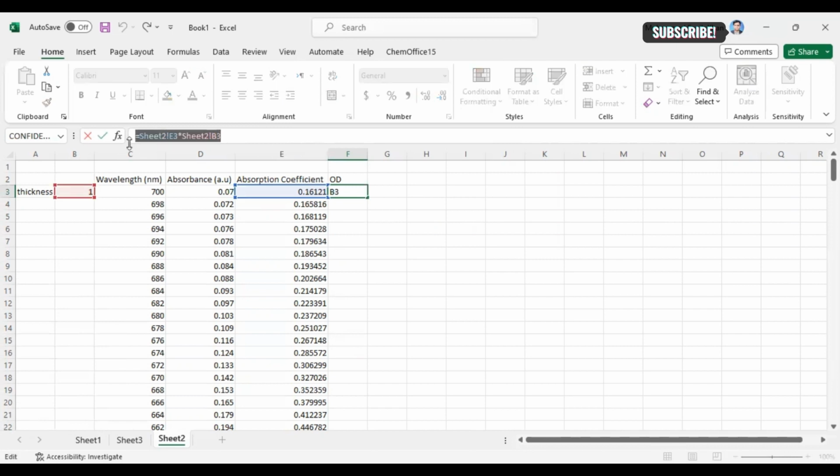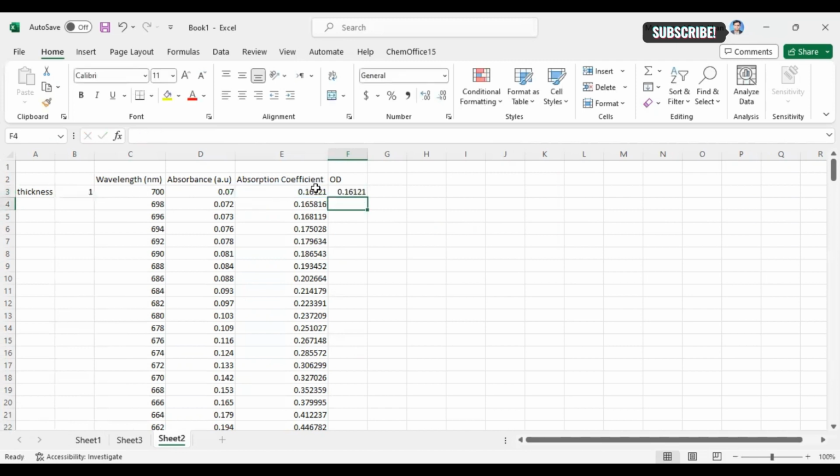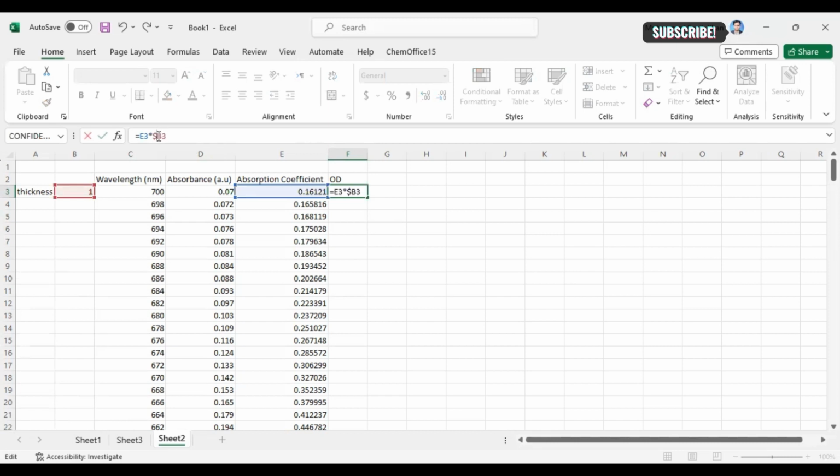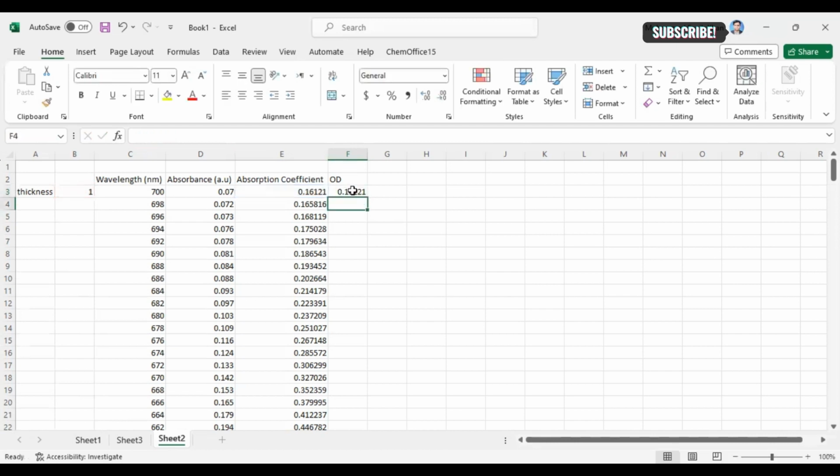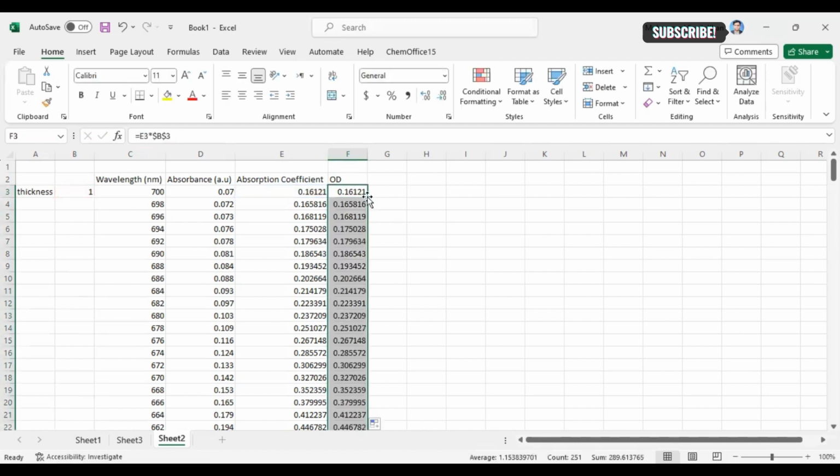We write it again is equal to this multiplied by thickness. Okay, and double click this. Sorry, this thickness. This thickness will be locked. Just putting the dollar sign before and after the column, it will lock that column. And this is the optical density of all this.